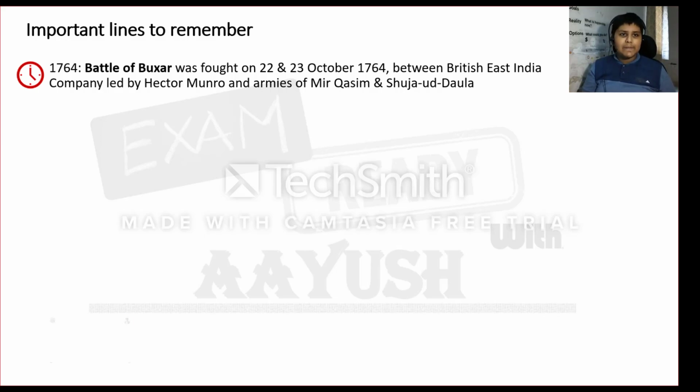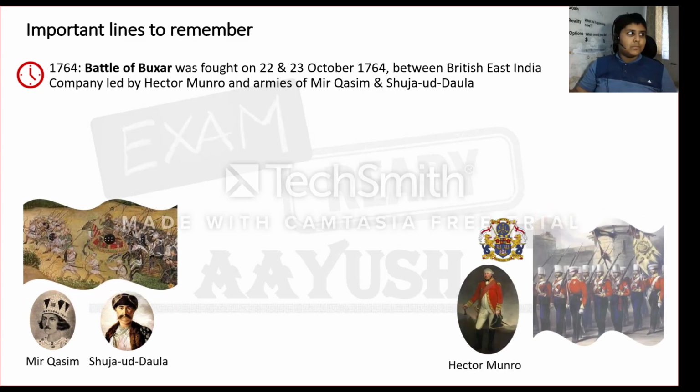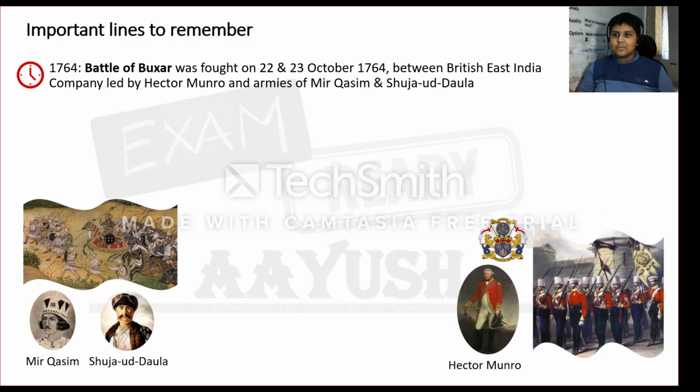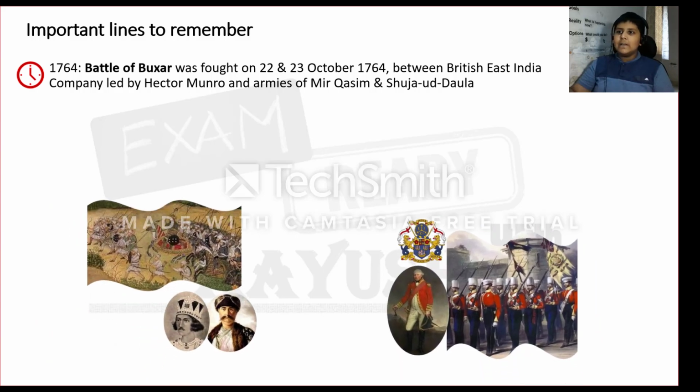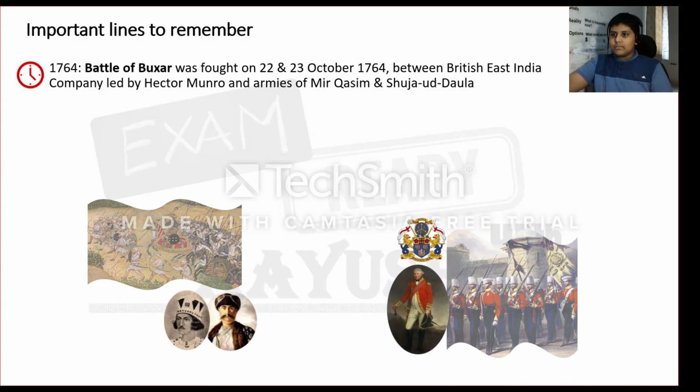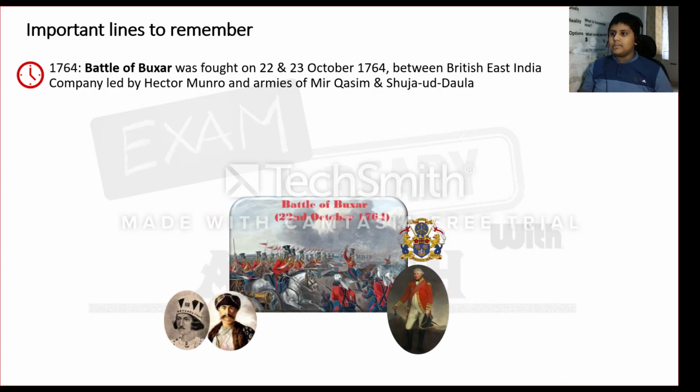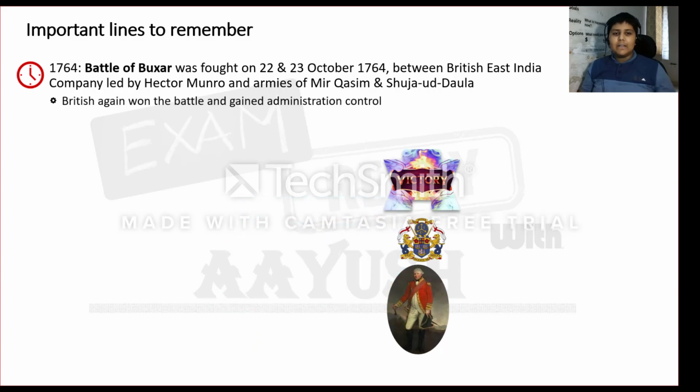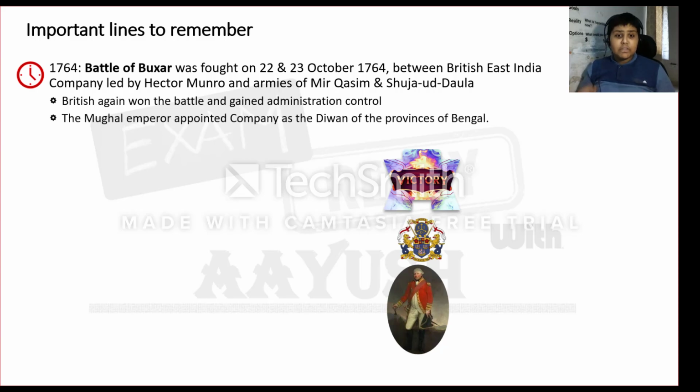I've made a short animation. As you can see, this is how the battle was led. And in that battle, the British East India Company won. Now, what were the results of the Battle of Buxar?